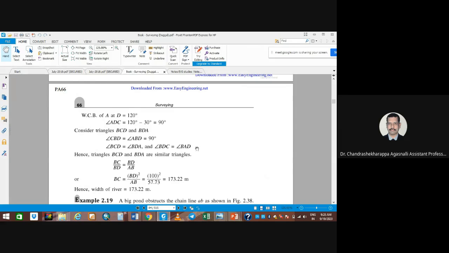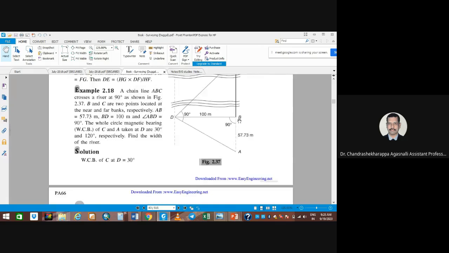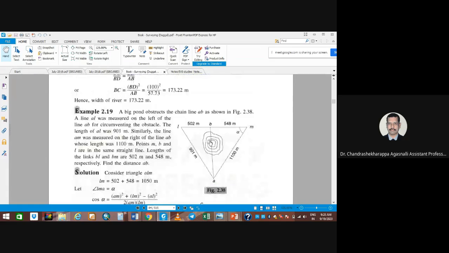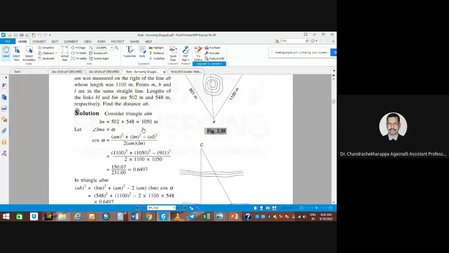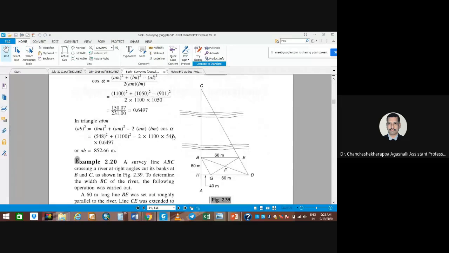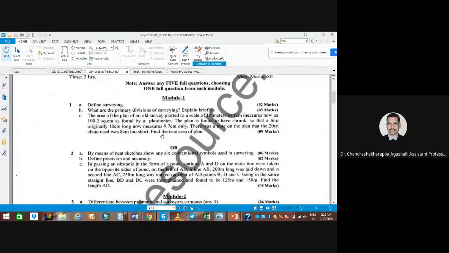All the formulas are here. You just need to apply them. So this is another example where there is a pond or something else as an obstacle. In the next class we will look at these problems, which we may face in any river.